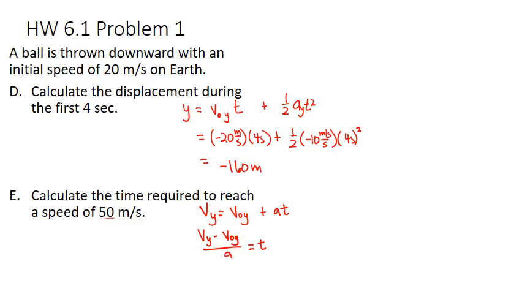So Vy is going to be minus 50 meters per second. It's negative because the ball is moving down. I've got a subtraction sign because that's what the algebra gives me. And then I plug in the value, and that's minus 20 meters per second. So this negative sign is from the algebra, and this one is because the ball is thrown down.